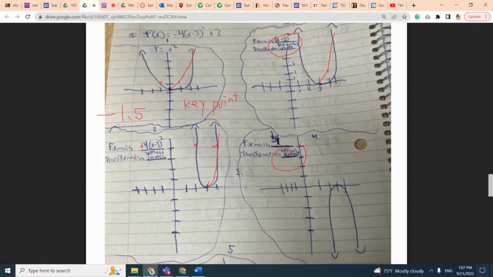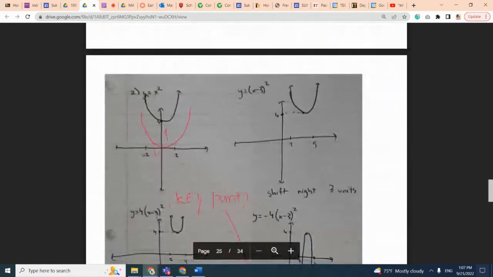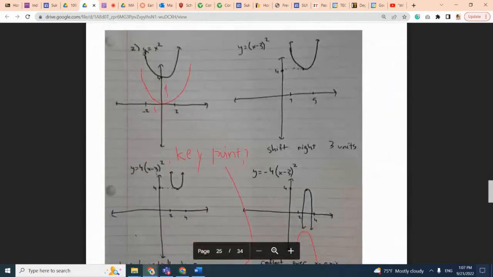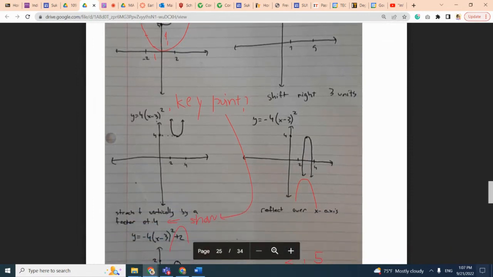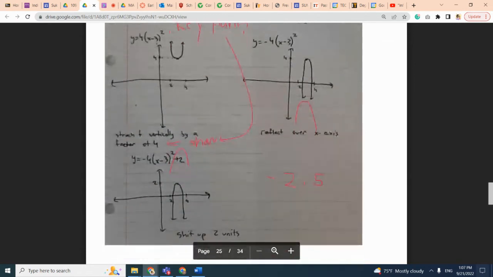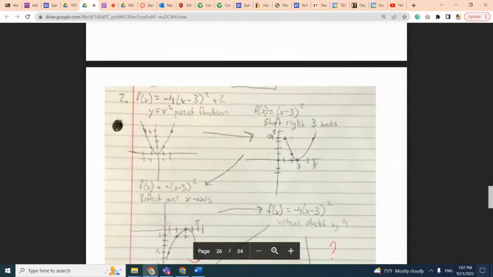Okay, everybody? All right. And yeah, x squared, the parent function, start with 0, 0. Okay. Yeah, and show the key points. Okay. When I say key points, do you understand what those points are? For example, x squared, the key points are 0, 0, 1, 1, and negative 1, 1.